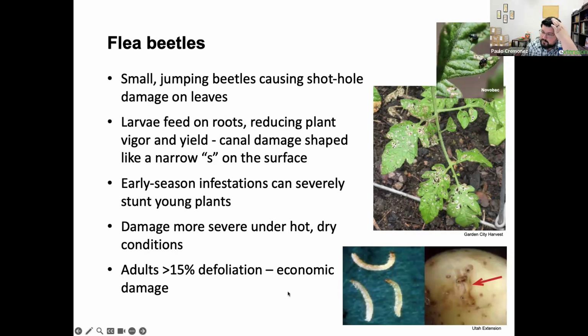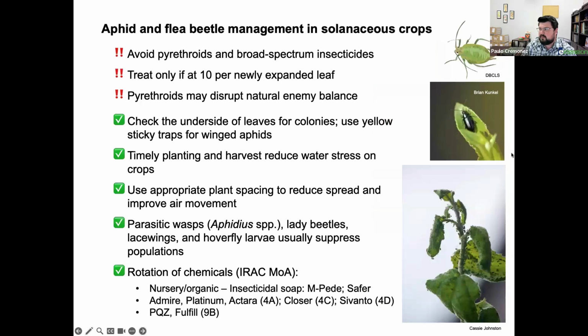When defoliation happens over 15% of the leaflet, then you will have economic damage. These are the recommendations for both aphid and flea beetle management. Again, avoid pyrethroids and broad spectrum insecticides for these pests.